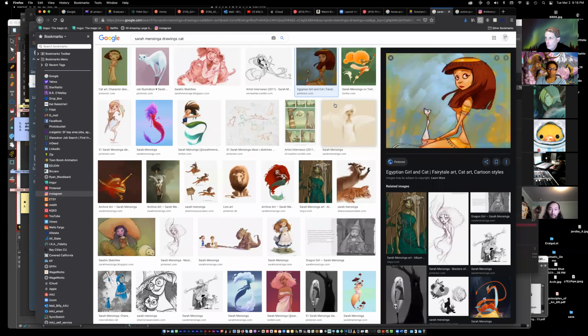Look at it. Just look at that drawing. It's like a very big head, really skinny torso, right? Isn't it beautiful? And then look at the cat. The cat's got like 6 lines. And this is the coolest cat you've ever seen.